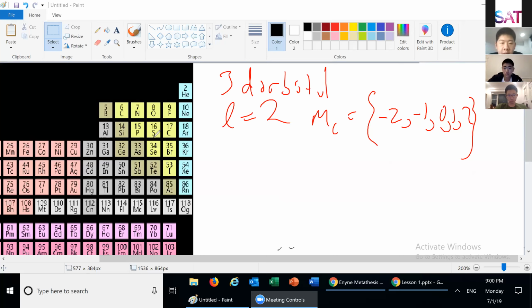So what does this tell us? How many 3d orbitals are there? We have 5 possible values for m sub L. So that means we can write 5 possible orbitals for the 3d subshell. Does that make sense?